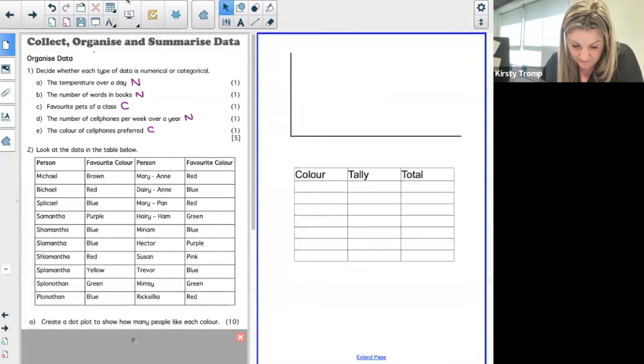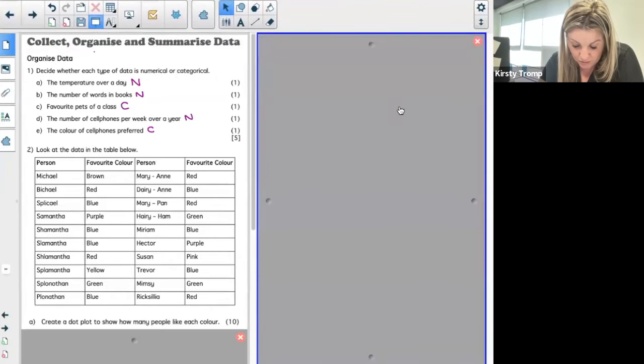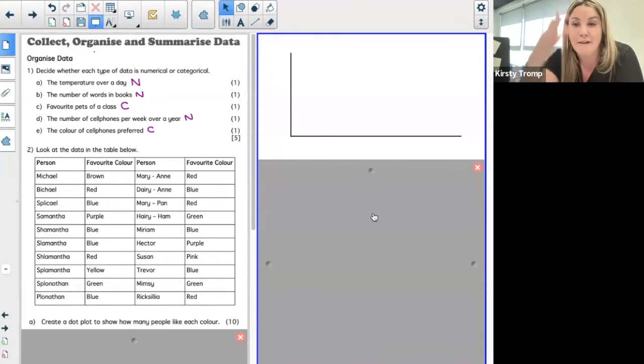I need a vertical line and a horizontal line. So go grab your ruler quickly. On your page, draw a vertical line and a horizontal line, the same as I've got there. I know it seems a bit small at the moment. I am going to make it bigger as soon as we start doing the question.